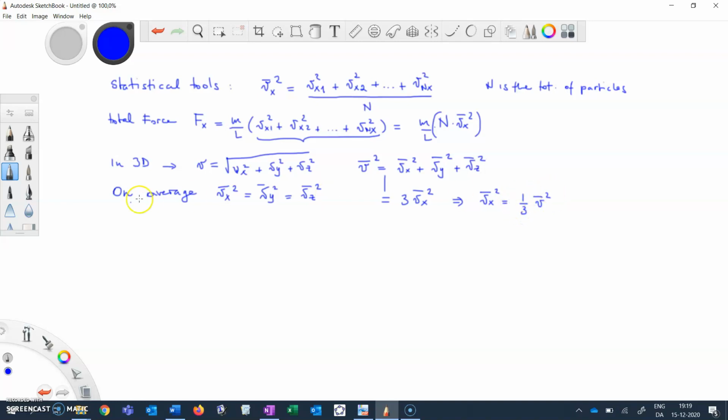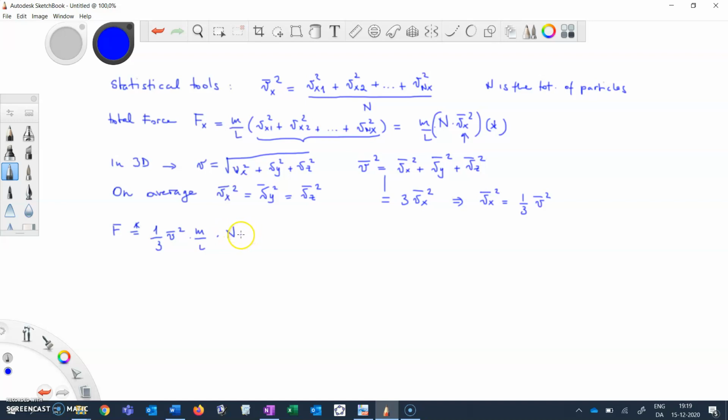And this helped me a lot, because now I can write that F in general, so not only in the x direction, but a general force acting on the wall, is going to be a third times V bar squared, using exactly this last result here, times m divided by L times n.